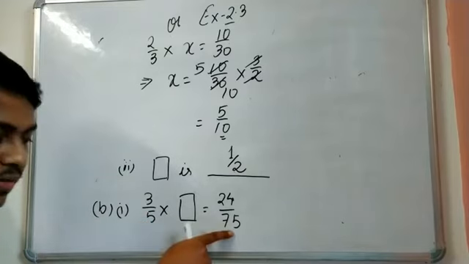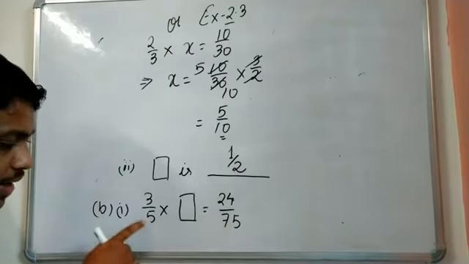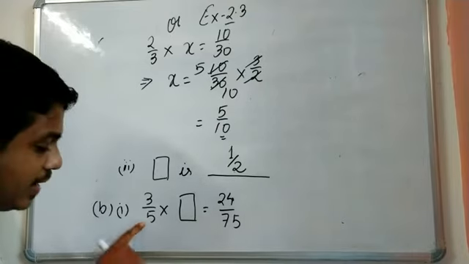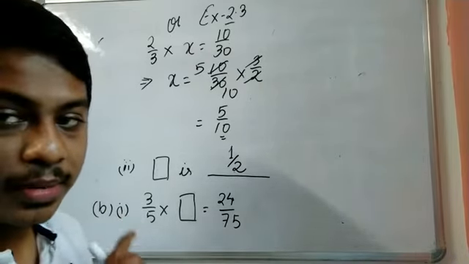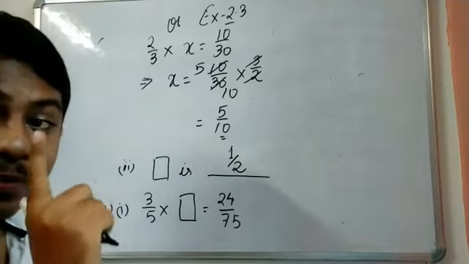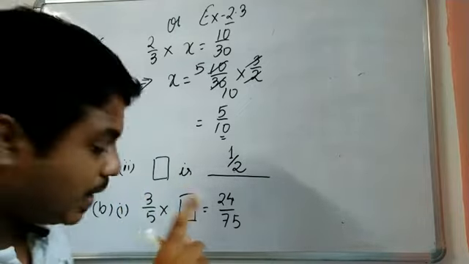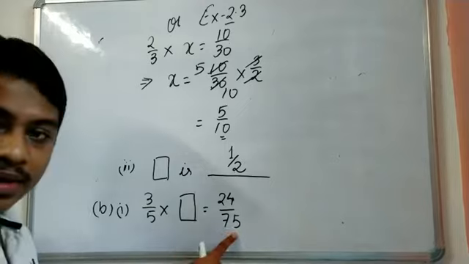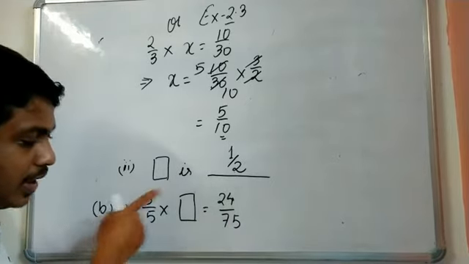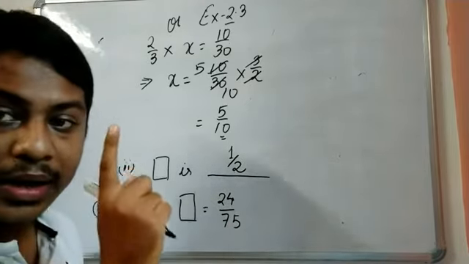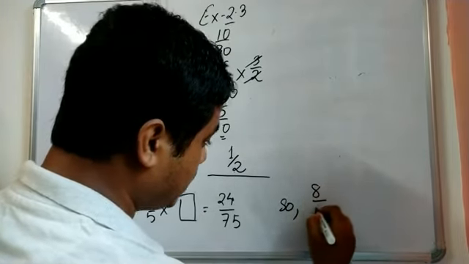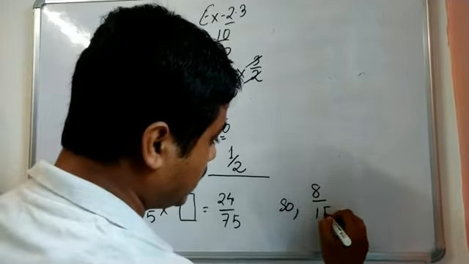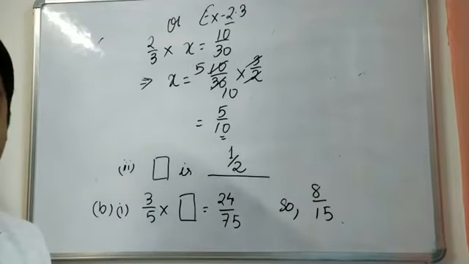To make the 5 into 75, we have to multiply with 15. If I multiply 5 into 15, I get 75. And to make 3 into 24, you have to multiply with 8. So your answer will be 8 by 15.